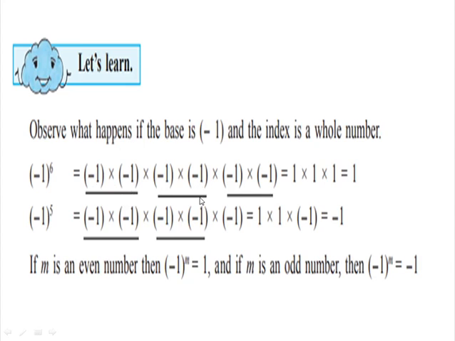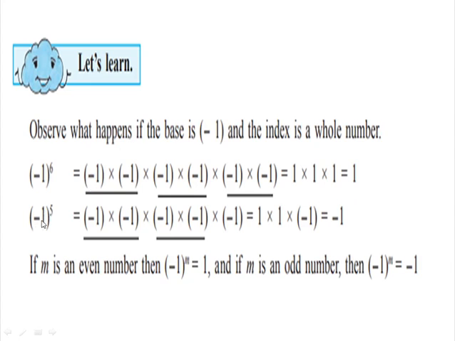Answer of this group is also positive 1 and answer of this group is also positive 1. That is positive 1 multiplied by positive 1 multiplied by positive 1. That is here you are multiplying positive 1 3 times. The answer is positive 1. That is if the index of negative number is an even number, the answer is positive.